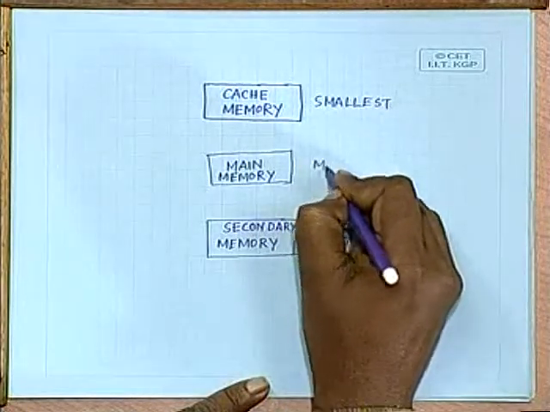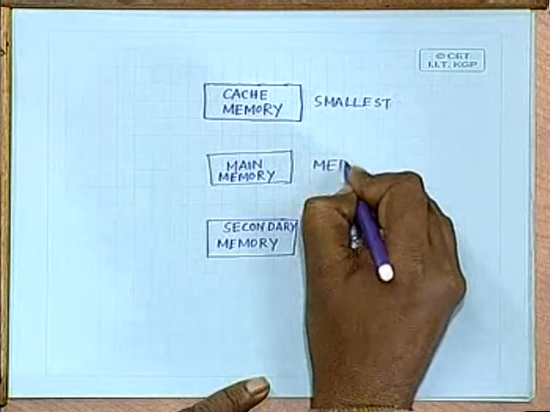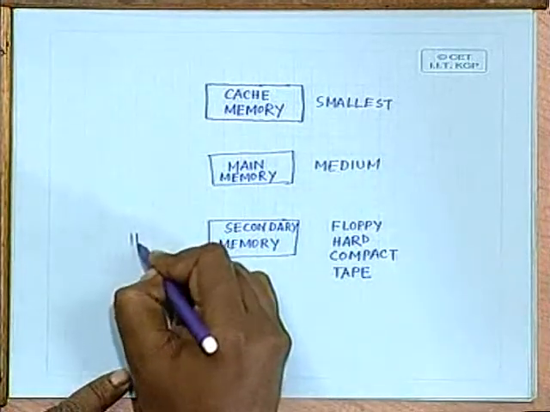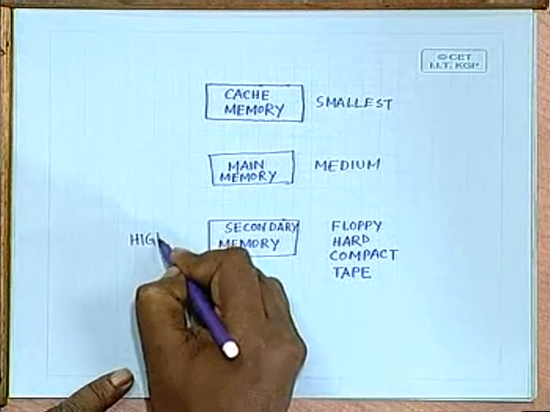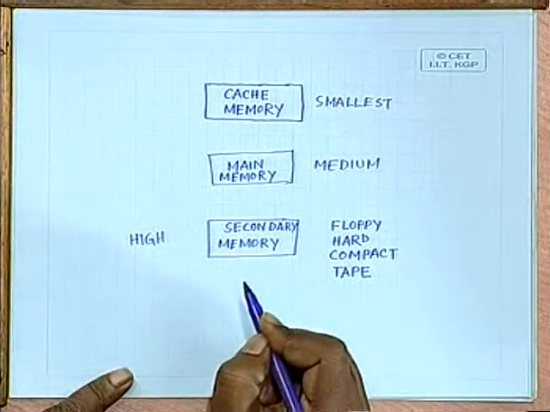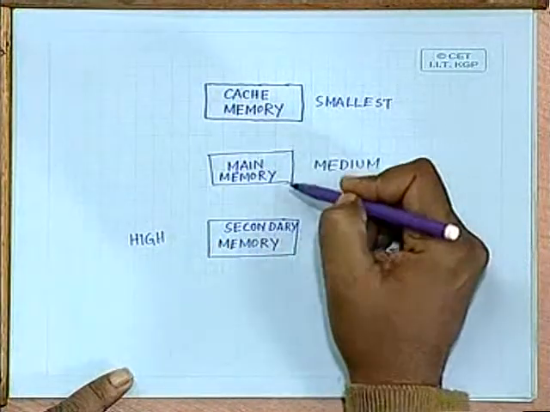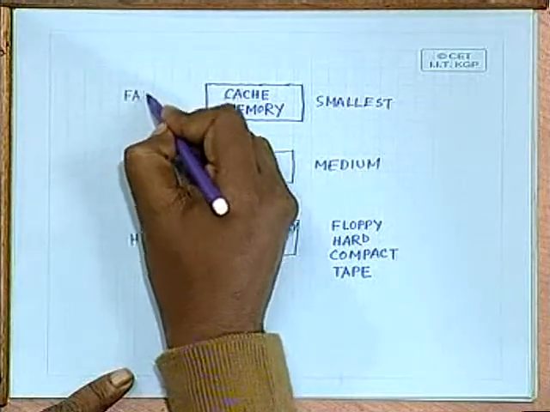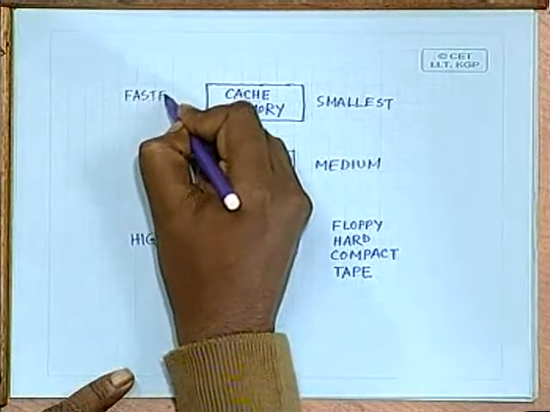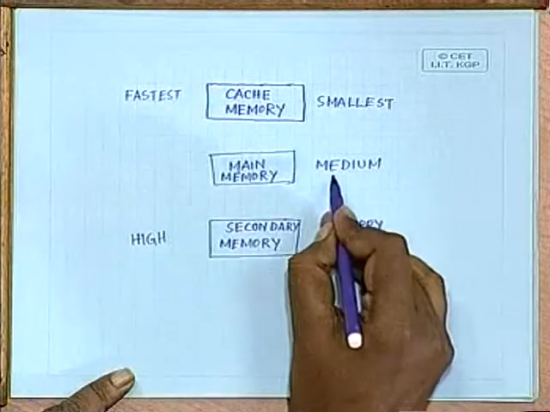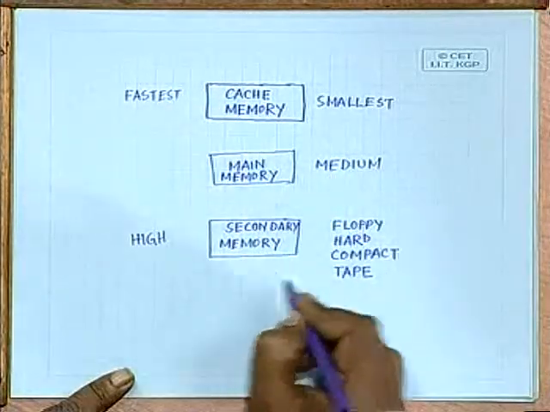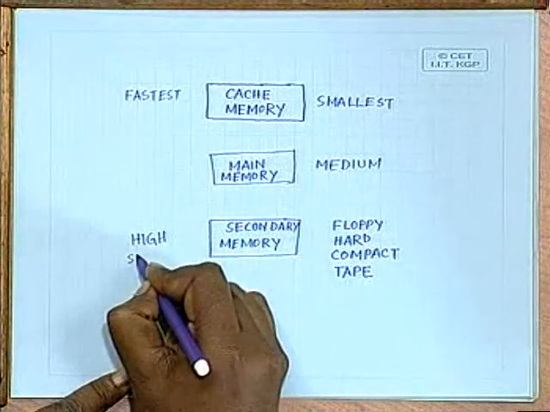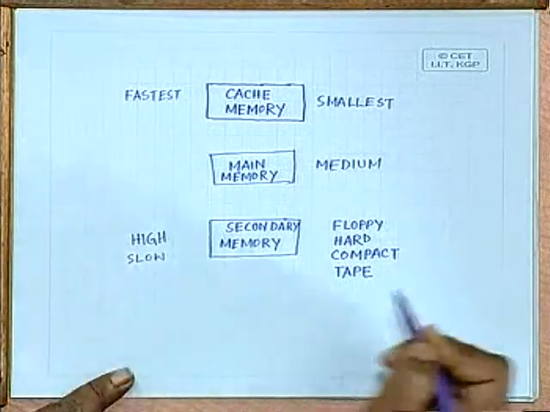Main memory size is medium, and secondary memory is high. And speed wise, cache memory is the fastest, main memory is medium, and secondary memory is very slow.